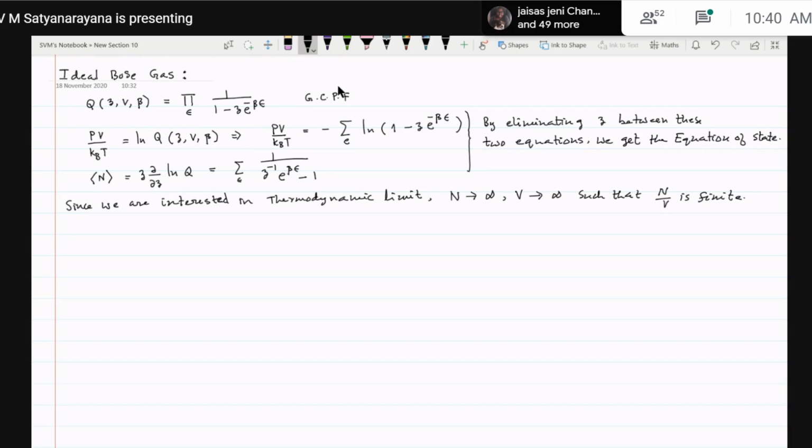And normally you can see that V dependence comes through epsilon, that is the single particle energy level.